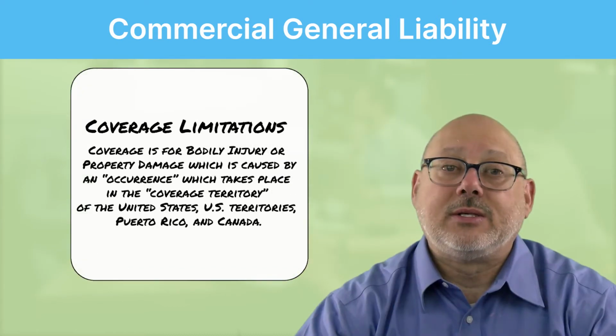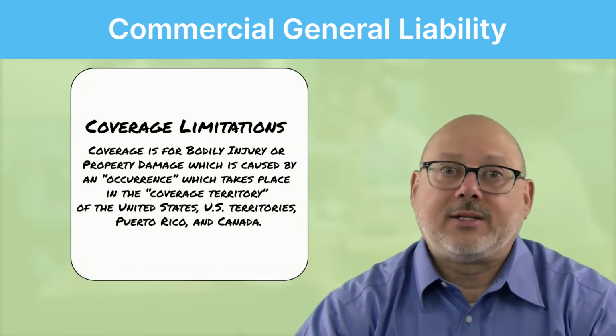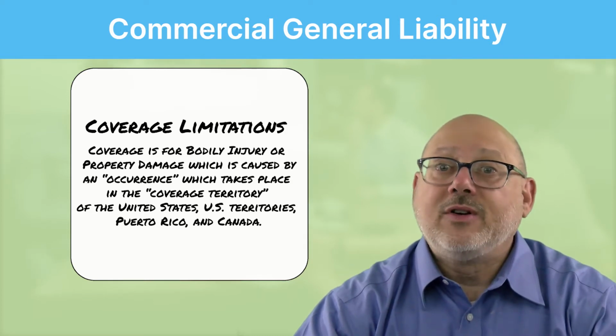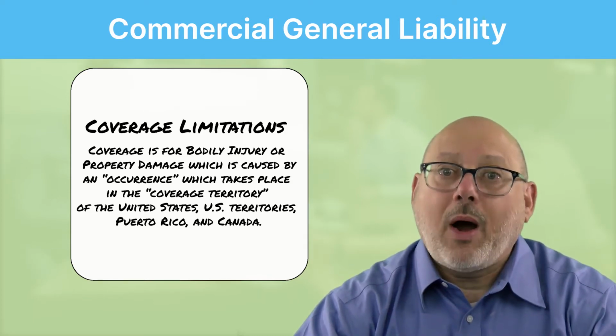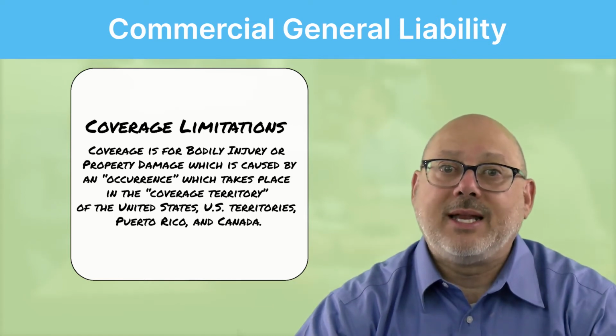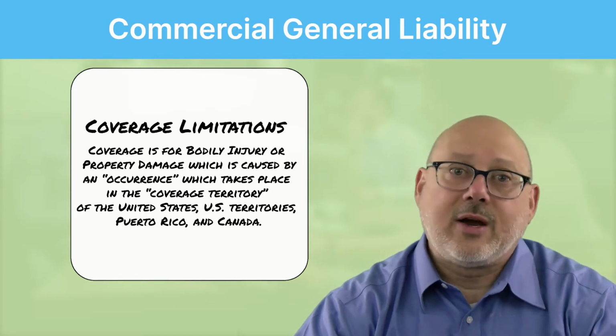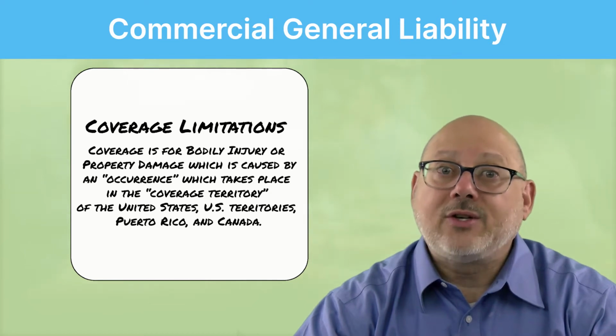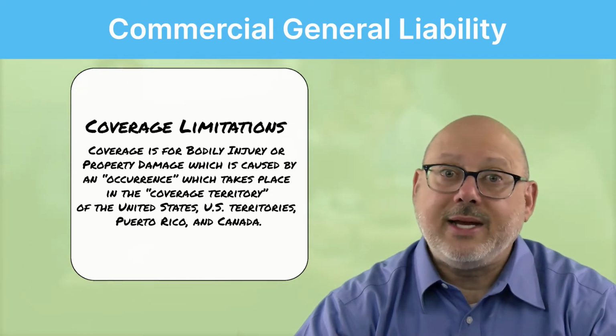Coverage limitations. As with all other policies, the CGL has coverage limitations. Coverage is for bodily injury or property damage which is caused by an occurrence which takes place in the coverage territory of the United States, U.S. territories, Puerto Rico, and Canada, including international waters or airspace between each.